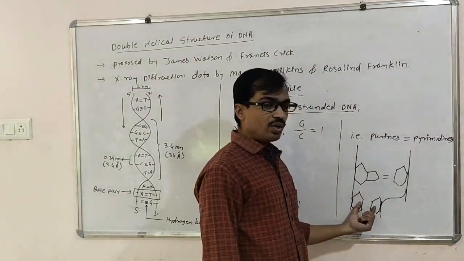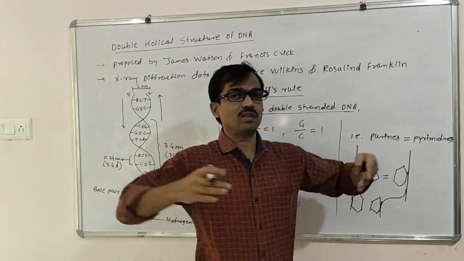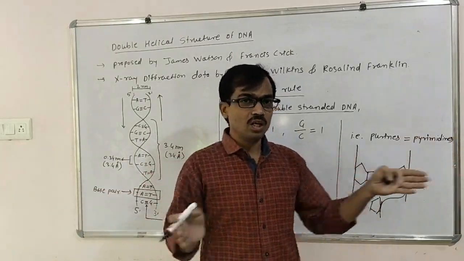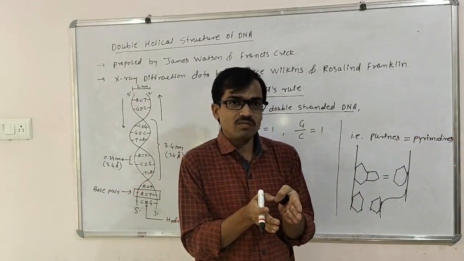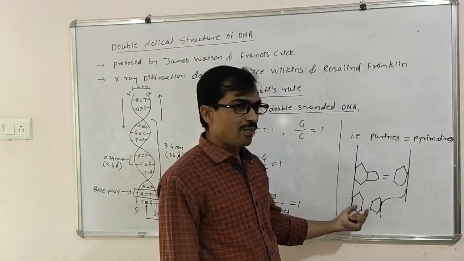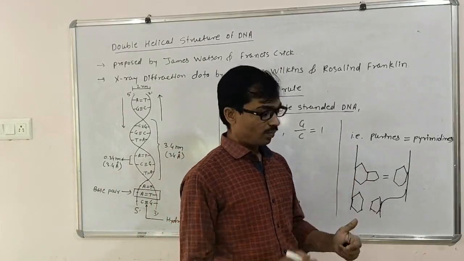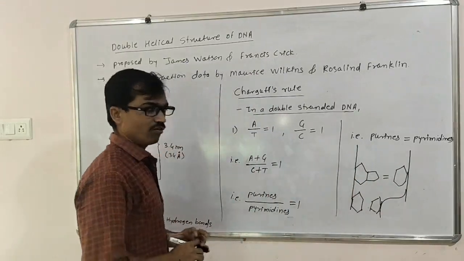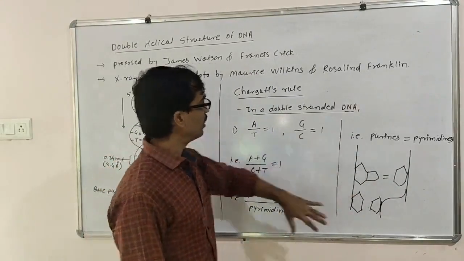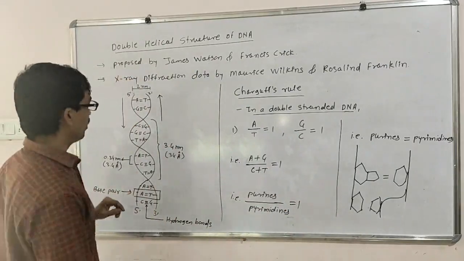So if 2 purines come in front of each other, the width of the DNA will increase. If 2 pyrimidines come in front of each other, the width of the DNA will decrease. And it never happens in the DNA. In the DNA a pyrimidine is always present in front of a purine, and that is why the width is constant at 2 nanometer throughout the length of the DNA.